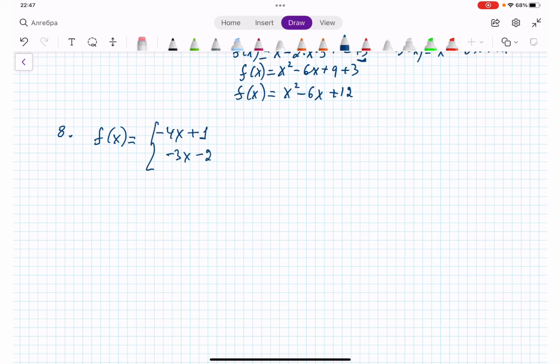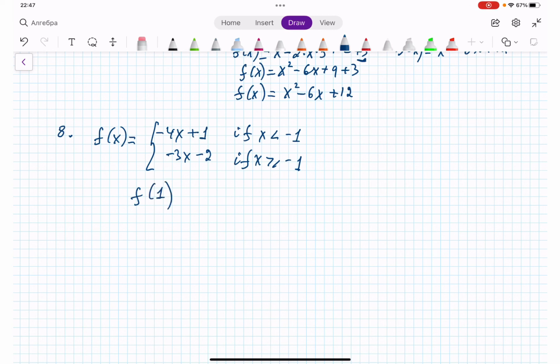This first case is true if x is less than negative 1, and the second case is true if x is greater than or equal to negative 1. I'm going to take positive 1, so we need to evaluate this piecewise function at f of 1.